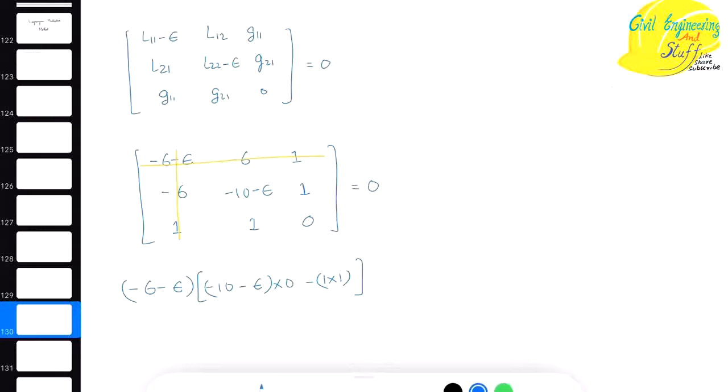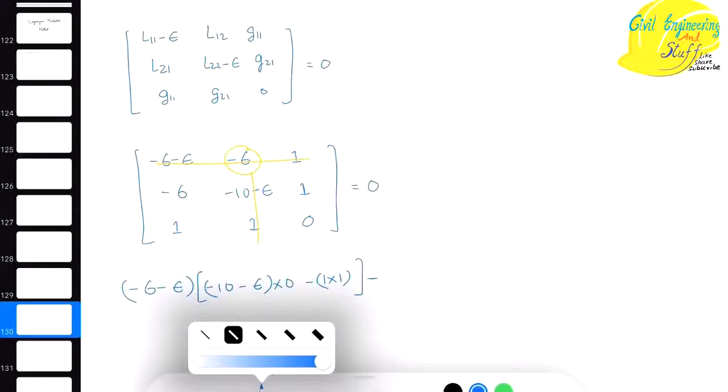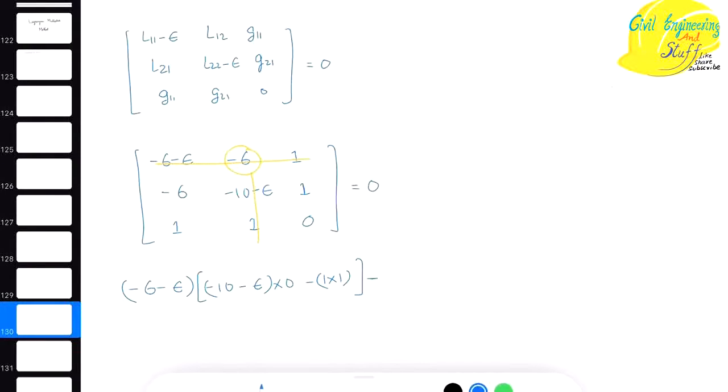Then we'll go to the second term, so this will be minus of minus 6 into 0, minus 6 into 0, minus 1 into 1.